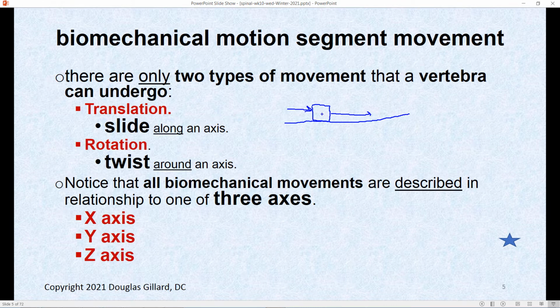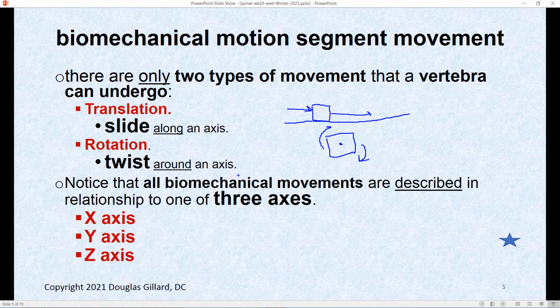If we stick a peg in the block, let's take the block again, and we nail it to the wall, and then we push on the corner or two corners, the block wouldn't translate, it would rotate. And so that's a rotational motion. So it twists around an axis or a plane. This one slides along an axis or slides along a plane.